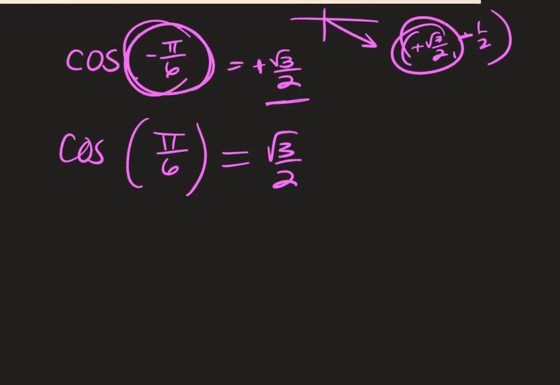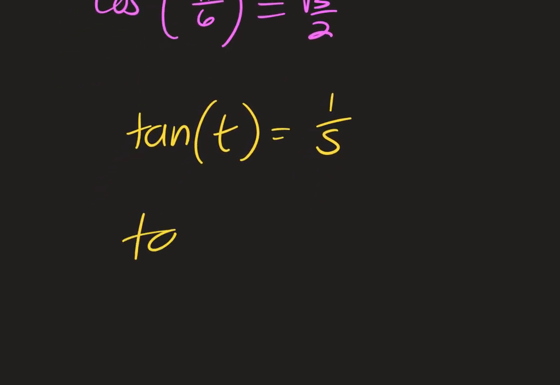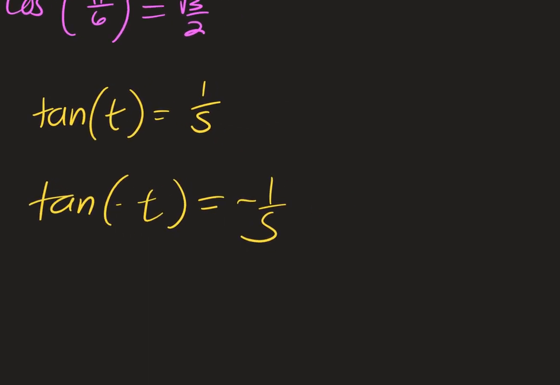So if I told you that the tangent of t was 1/5, what's the tangent of negative t? Negative 1/5. Tangent you change, sine you change, and then their reciprocal functions you change. Cosine you do not change, and its reciprocal function, which is secant, you do not change. So tangent and sine change, cosine doesn't.